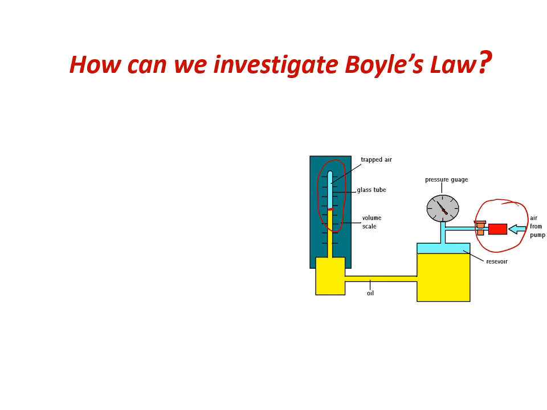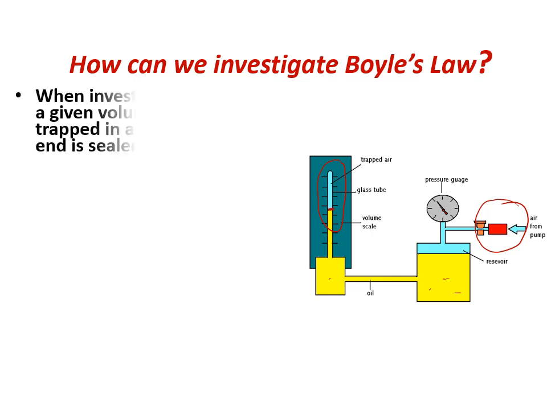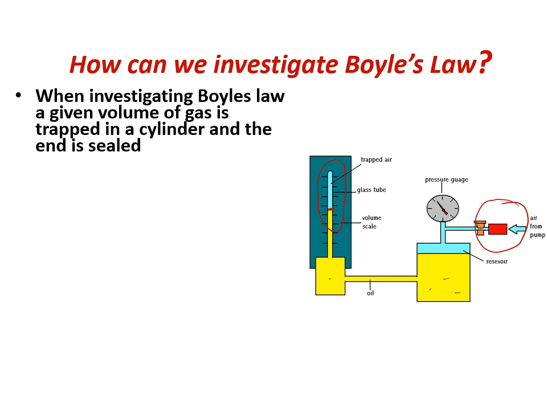And you can see in between, the air is separated by oil. It can be oil or water. It is some liquid so that the pressure is transmitted uniformly. So we have a given volume of gas which is trapped in that cylinder that you can see. The end bit is sealed.